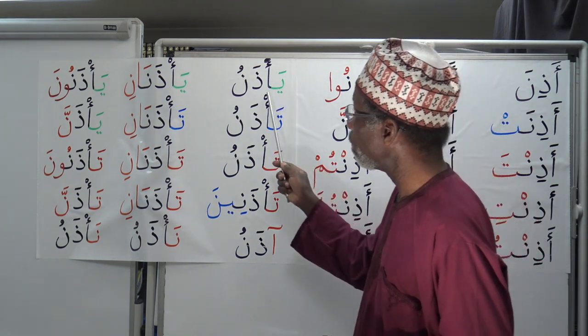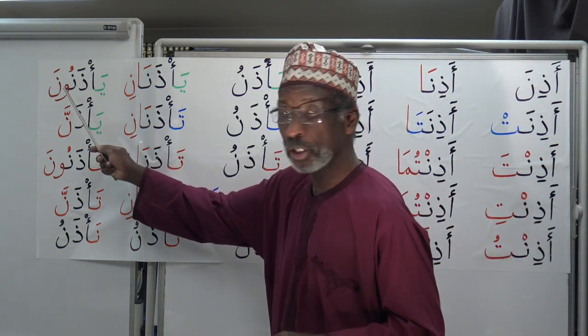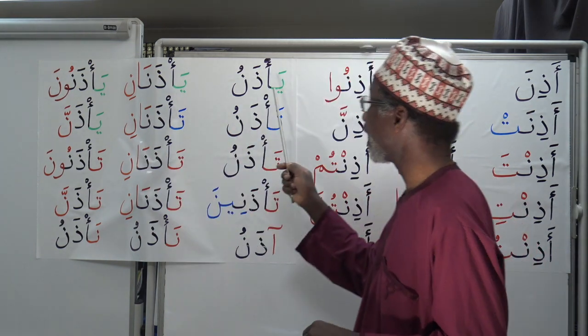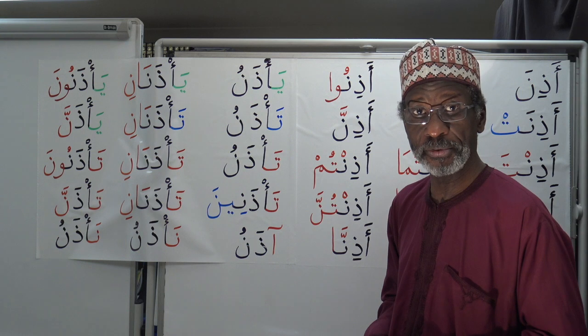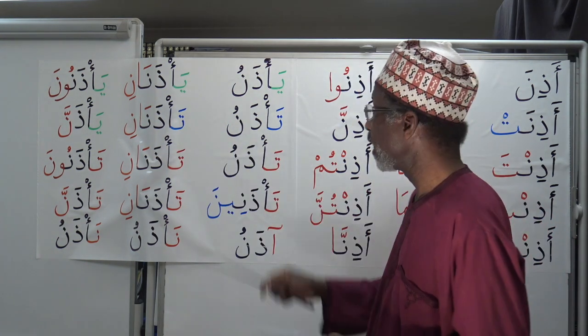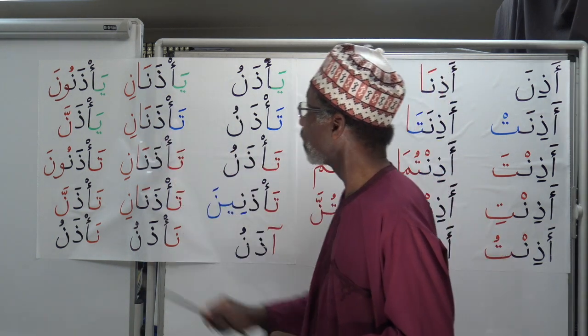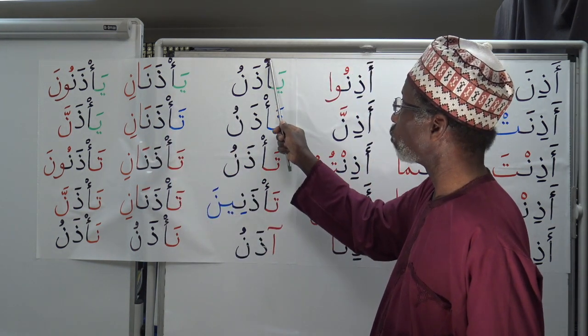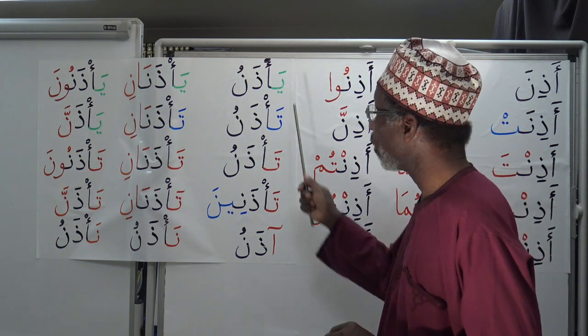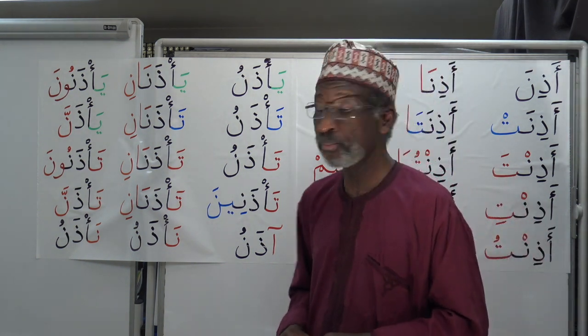In the male section, across singular, dual, and plural, you start with ya. That's your prefix, ya, ya, ya, starting point. Ya, sukun, dhanu, like yaktubu is the same way. Ya'dhanu, he allows.